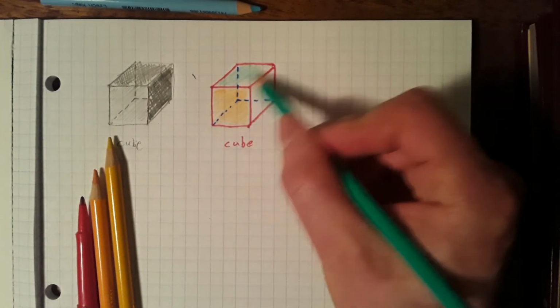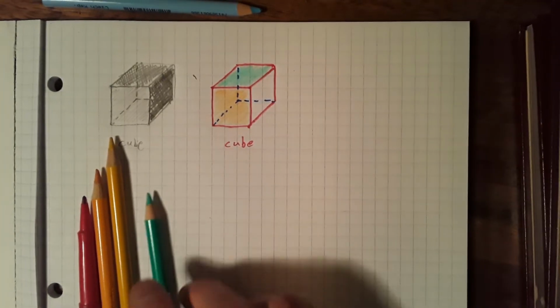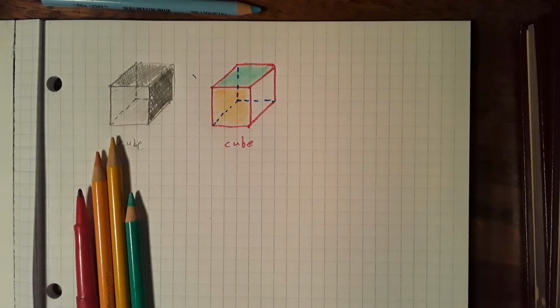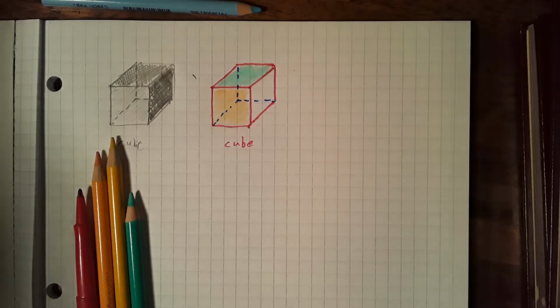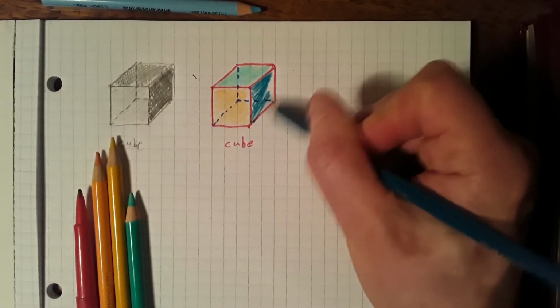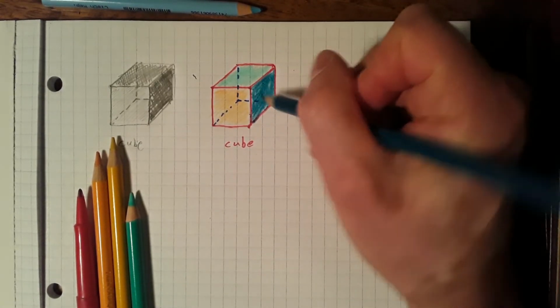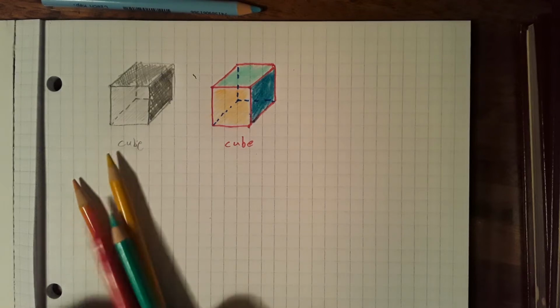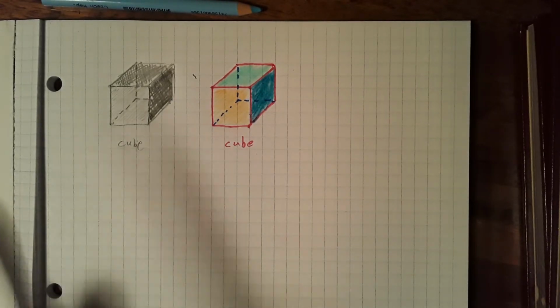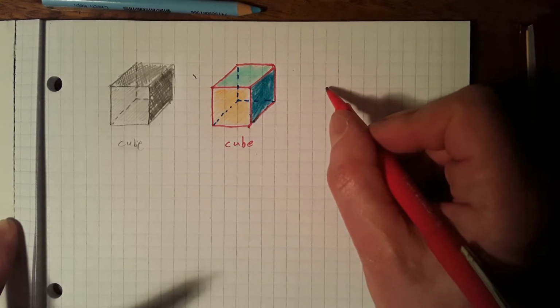Just having fun. Seems a little darker. And then, I don't know, a darker green on this side. So it's definitely colorful. Why not? Let's just draw one more.